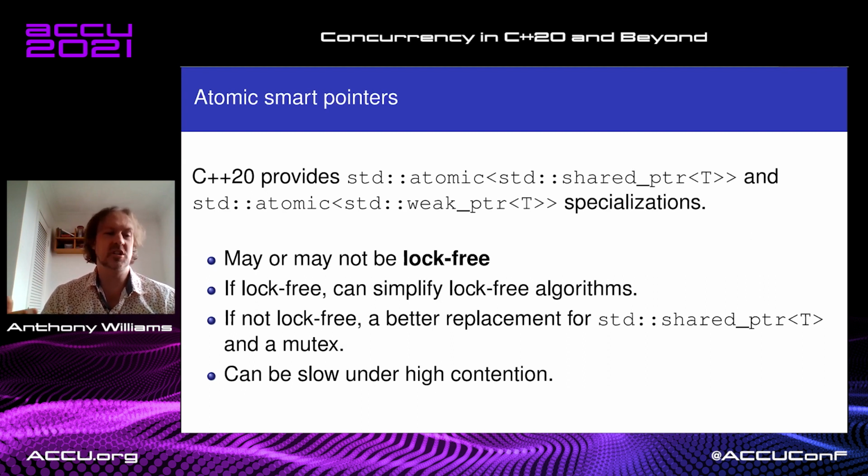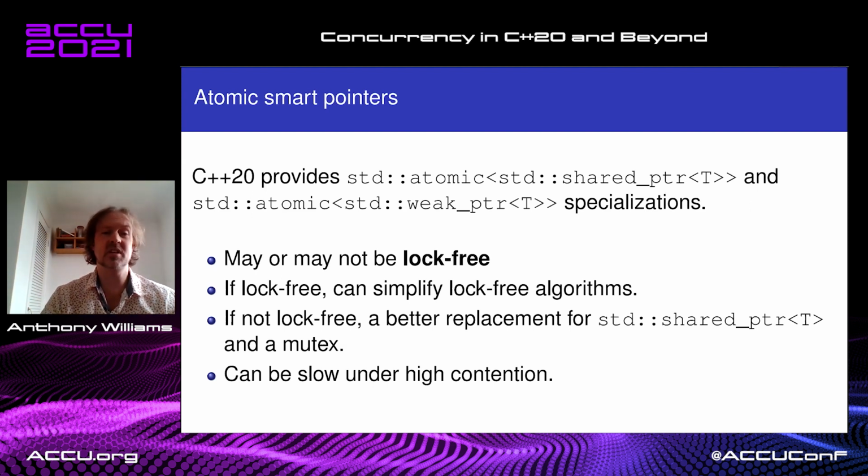So it might use a spin lock rather than a generic mutex, and it will typically be better. So certainly, if you are using the C++11 standard atomic load on my shared pointer, and standard atomic store on my shared pointer, then it is definitely an improvement over that.